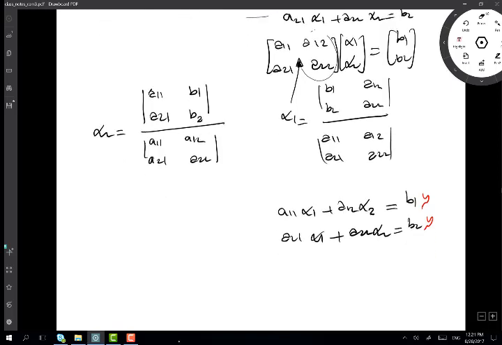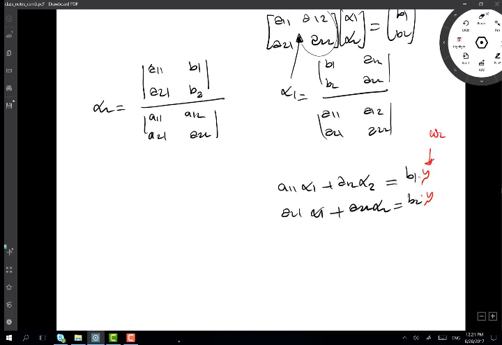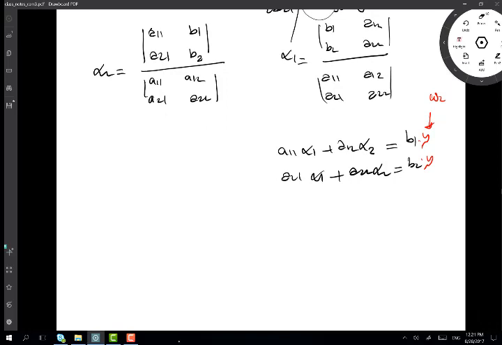It's multiplied by another y. In our case, this y corresponds to omega 2.